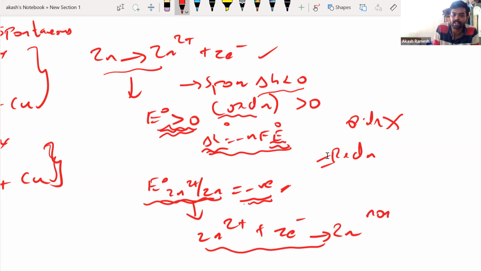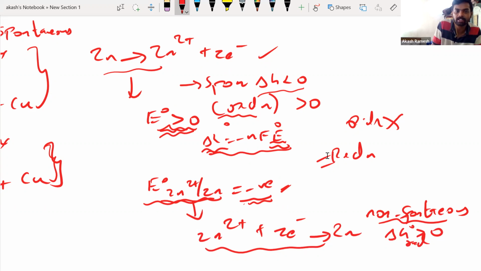And this, please understand, is a non-spontaneous reaction, where delta G will be greater than 0. This is for delta G of reduction. And here we're talking about delta G of oxidation. Different reaction, basically the opposite reaction we're talking about, right? Forward reaction, backward reaction.